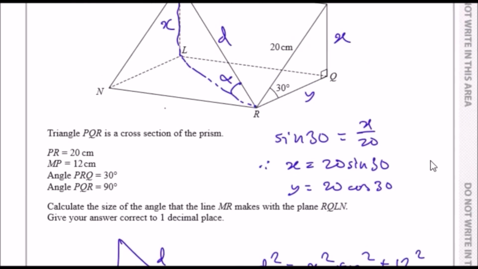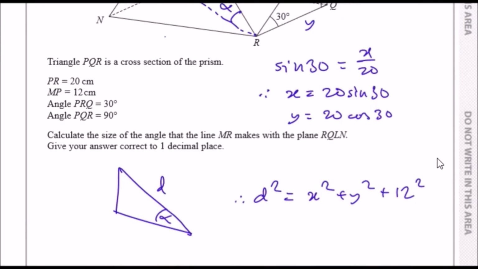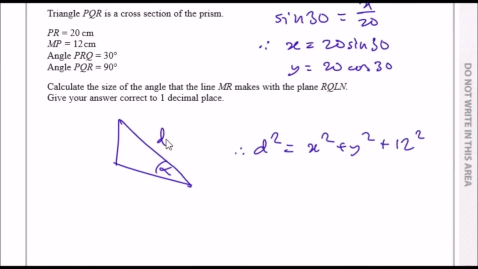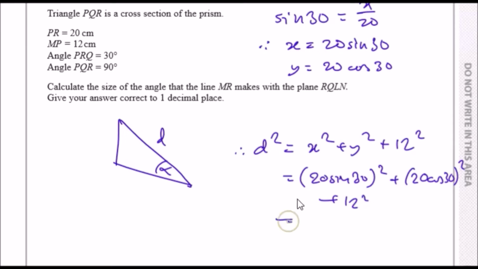We know what x squared and y squared are. It's just the square of these two guys, and we can find the value of d. So let's do that now. In your calculator, put in 20 sine 30 all squared, plus 20 cos 30 squared, plus 12 squared.